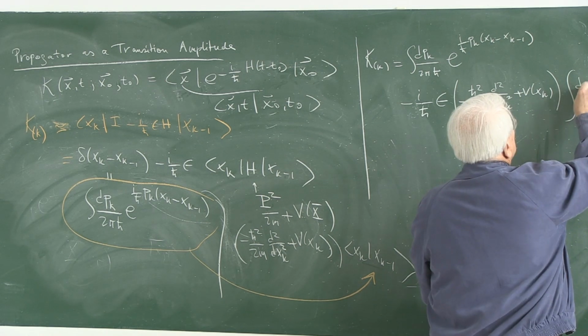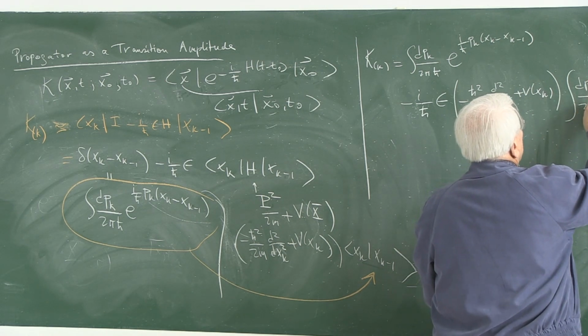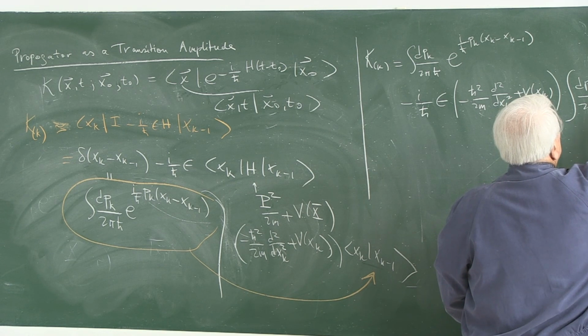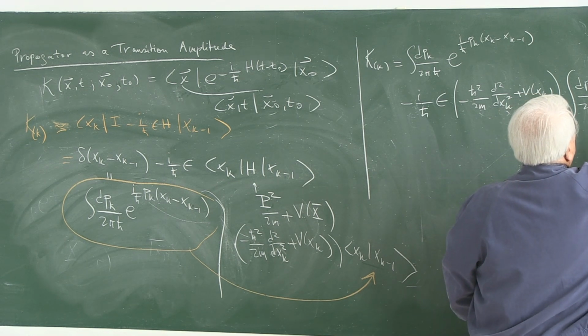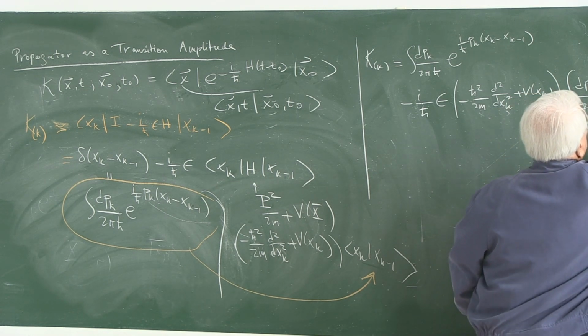I am undoing and redoing it again: integral dpk over 2 pi h bar, e to the i over h bar pk times xk minus xk minus 1.